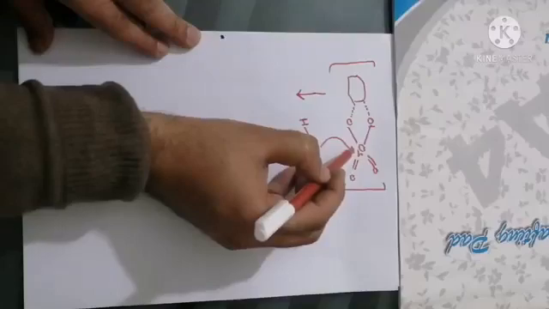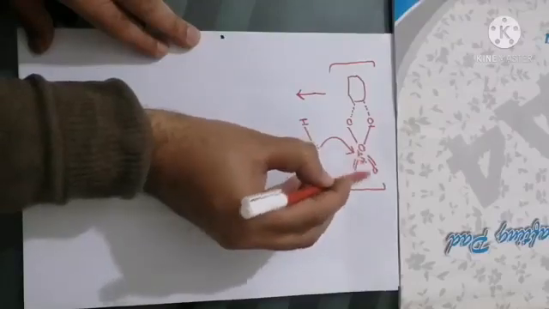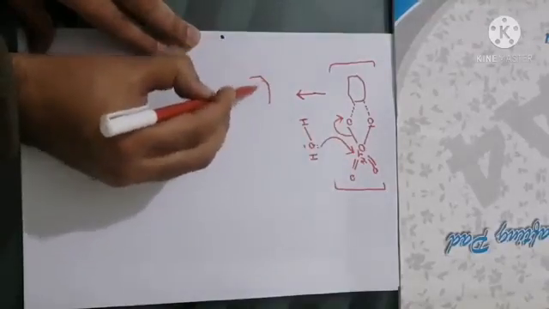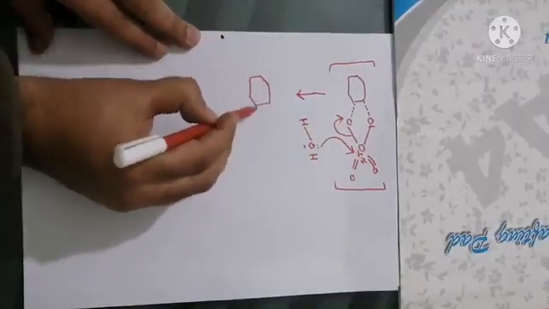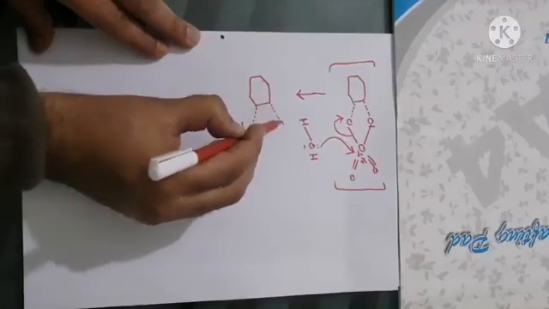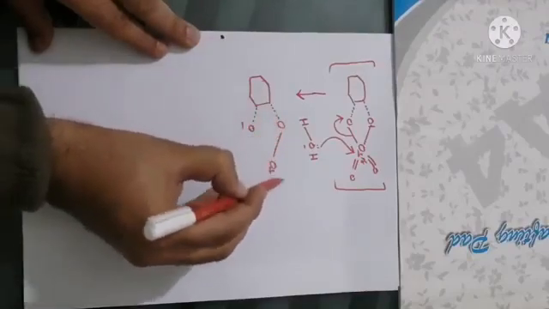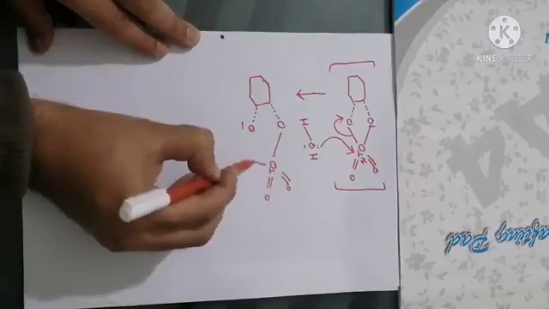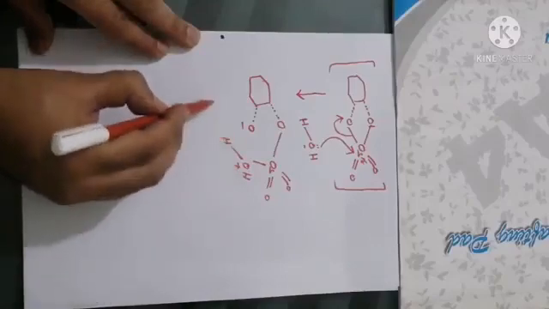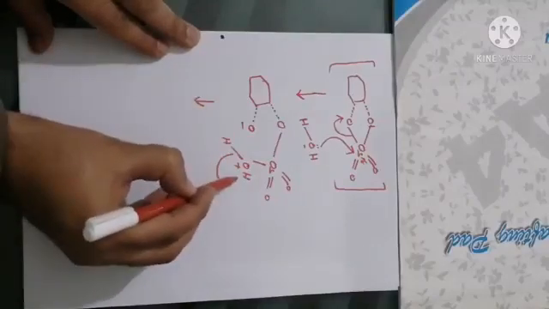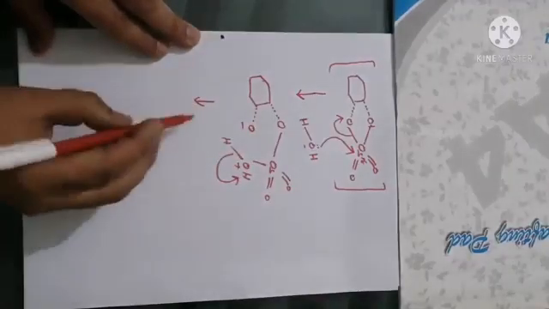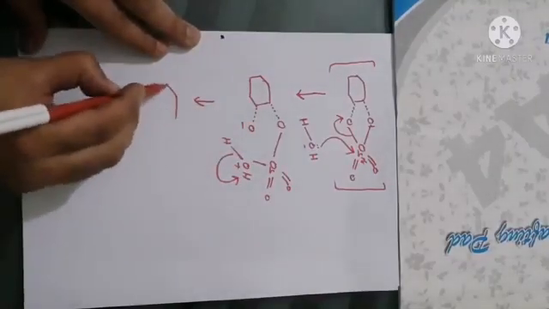When this attacks over the osmium, because it's partially positive charged, this bond moves over here, and then there is a shift of the proton from here to this negatively charged oxygen.